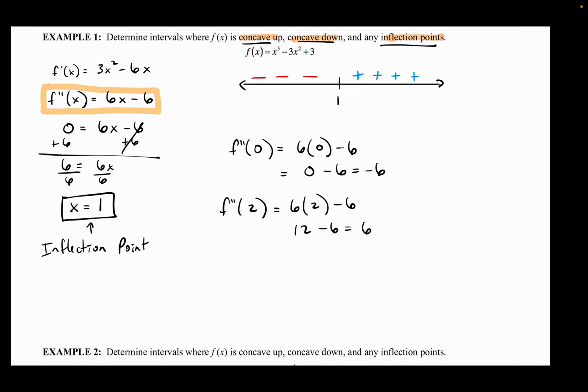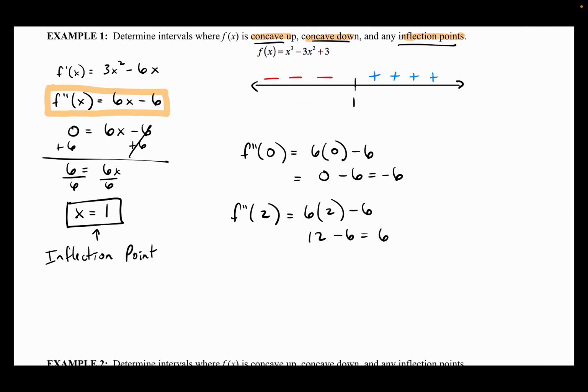Okay? So when the second derivative is negative, concave down. When the second derivative is positive, concave up. Okay, so let's write that down. Concave up, concave down.